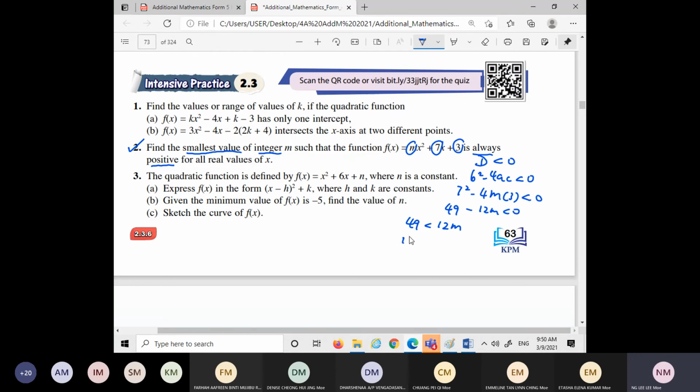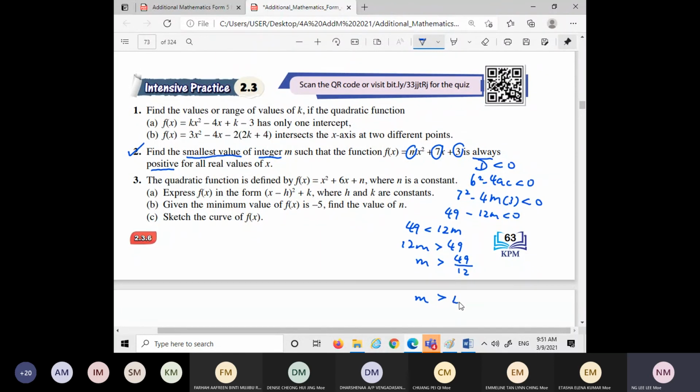Then I write in this way: 12m bigger than 49. After that, 49 divided by 12. This is times, bring to this side, becomes divide. 49 divided by 12 is in decimal, or you can write in fraction also. So this is 4 and 1 over 12.